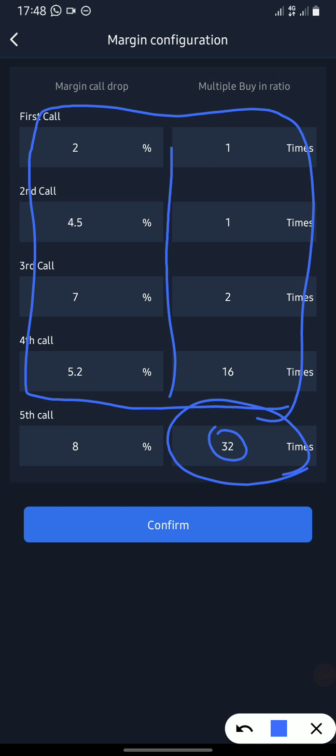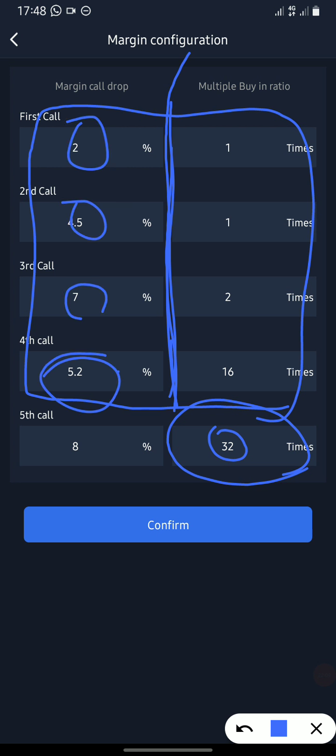But let's now say it rises back to take profit. It will take huge amount of profit because it will not calculate all these ones individually like this. It will calculate it at this level. And you know how many percentage you're going to take.